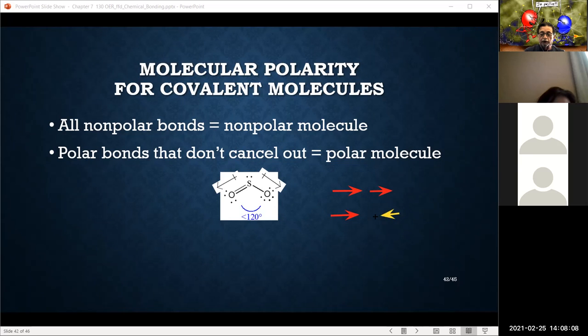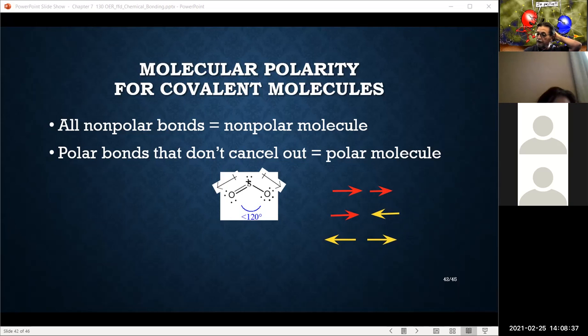So the arrow going on the left, the red one, and the yellow one going toward it, they cancel out. So I end up with a net zero here if the length of the arrow is the same magnitude. Let's assume it is. Now, whether I have it going like this or like this, that also cancels out, okay?